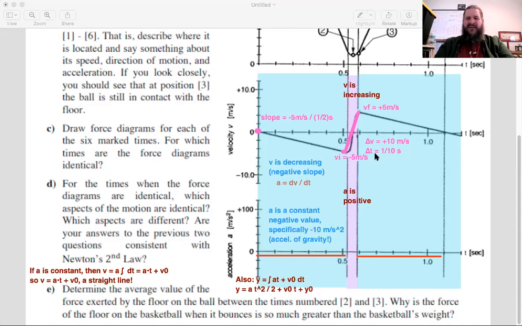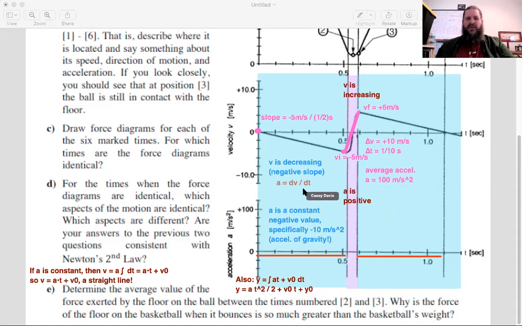This is just the average acceleration. But if you divide those, 10 divided by 1/10, what would you get? Yeah, that'll be 100 meters per second squared.